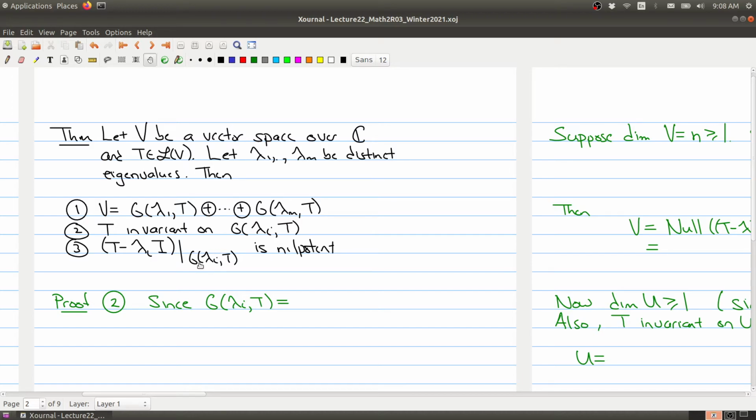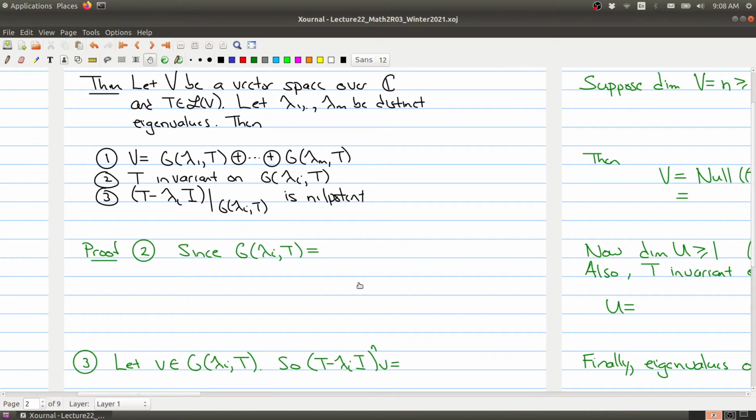There's a lot here to unpack, and in this part let me do parts 2 and 3, and then in the next part of today's lecture, I'll talk about part 1. Parts 2 and 3 are actually not so difficult to prove. For part 2, just remember that by definition, the generalized eigenspace of lambda I is the null space of T minus lambda I to the power of n.